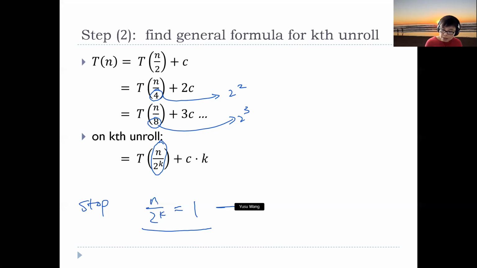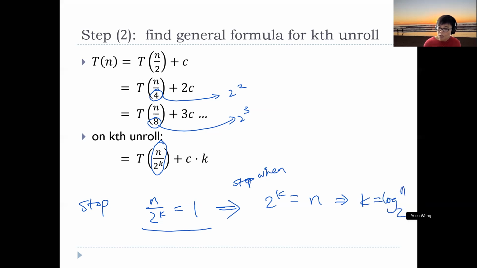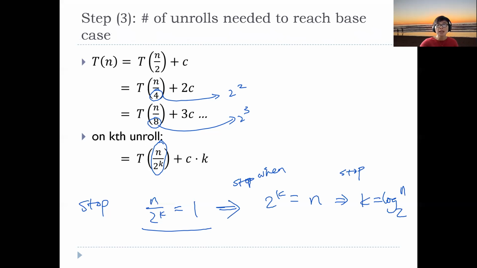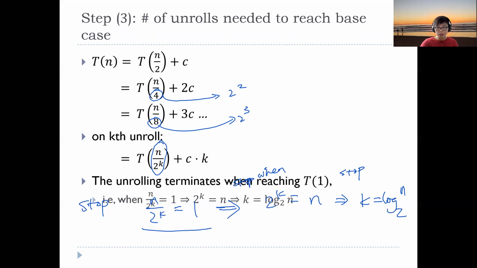What does it mean? It means we stop when 2 to the k equals n. That means k equals log n base 2. I should be careful here. So we stop when this happens. That is the third step.